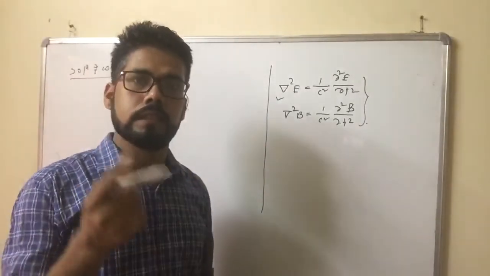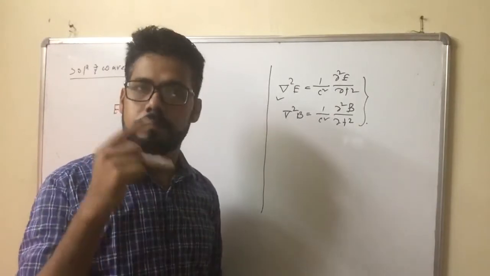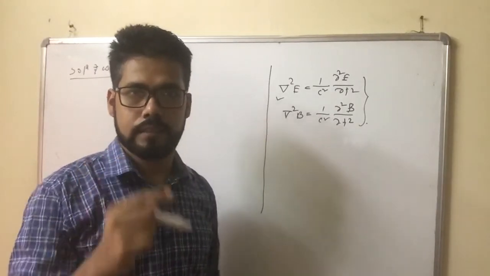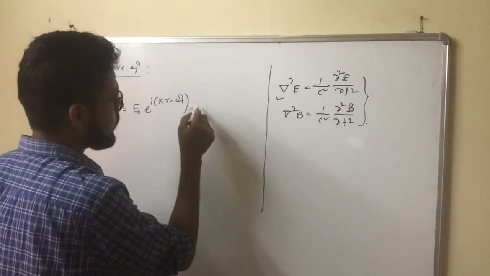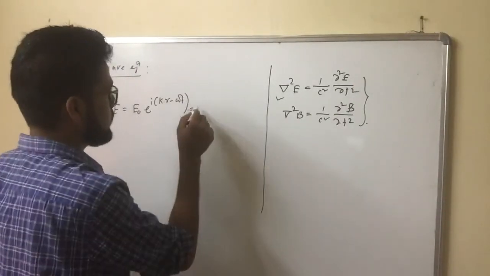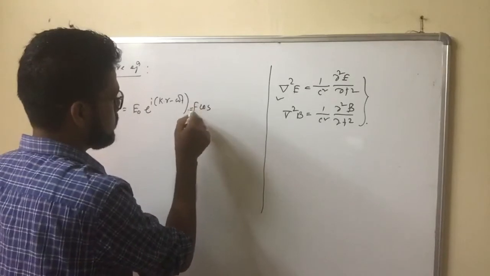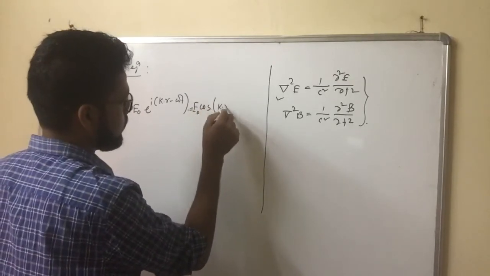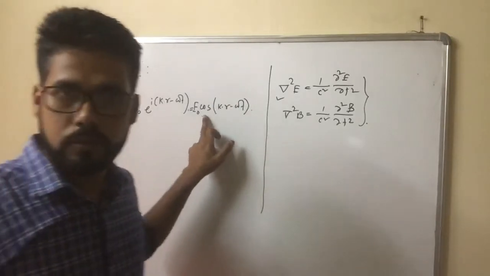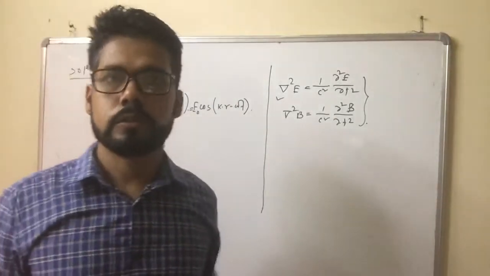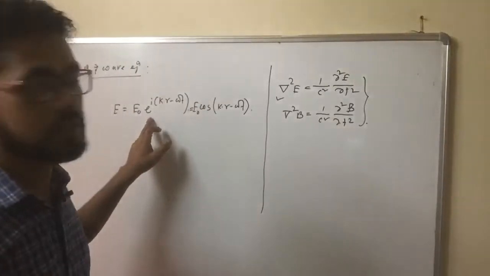K dot r means k is the wave vector, r has x, y, z components, and you can express it either as cos or sin. You can take E naught cos (k dot r minus omega t). Clear? You can take sin also, no problem. Cos is also a solution, sin is also a solution. You can express it in the phasor form.